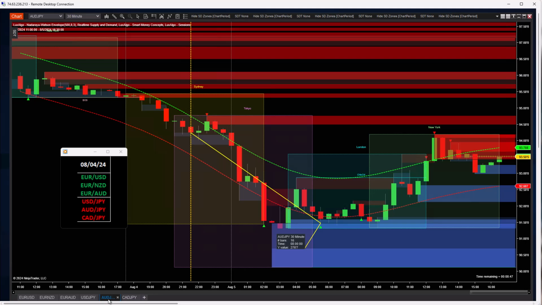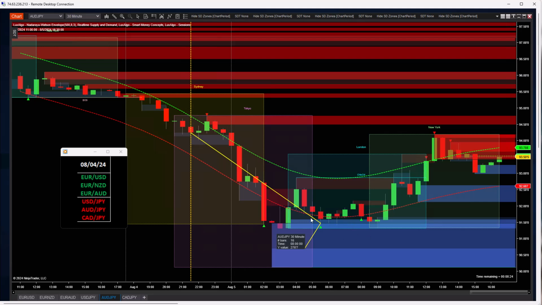Same thing on the Australian dollar and the yen. We have a nice run from the evening in Eastern time until the early morning of over 275 pips. And you could have held this just to make sure that we're not going to drop below and do a liquidity run on this demand zone.